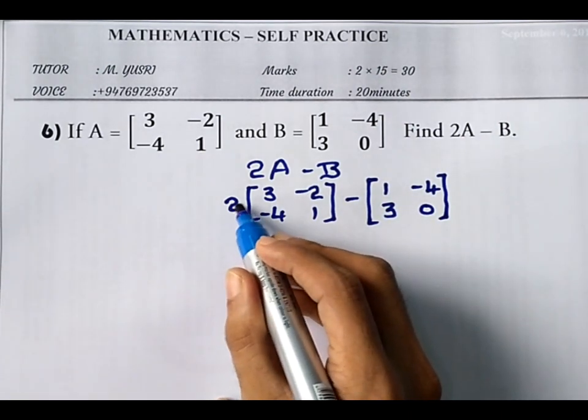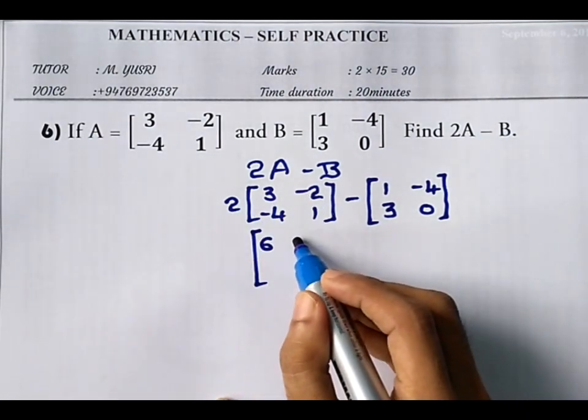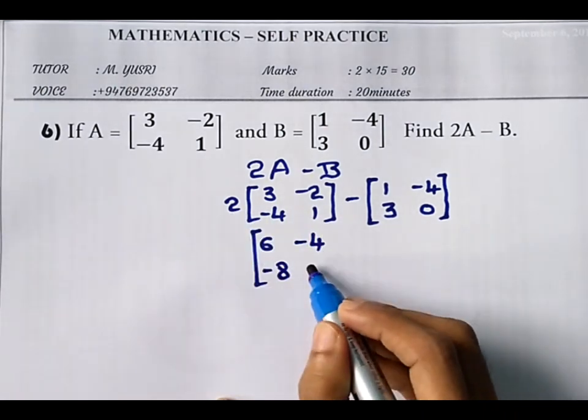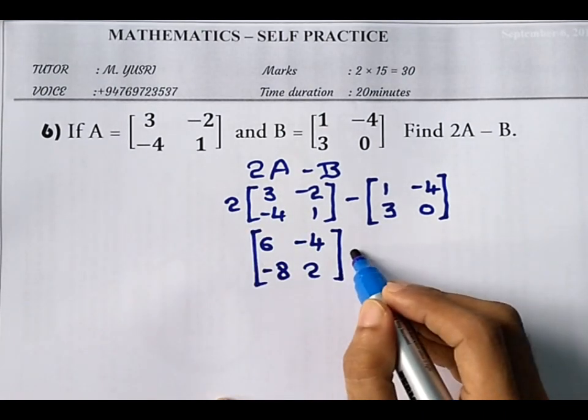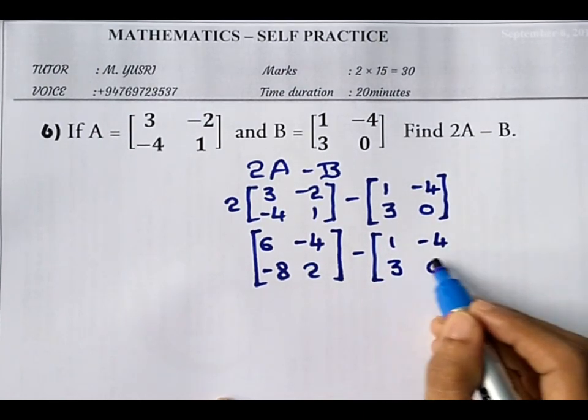Now first we'll simplify this. 2 3s are 6, 2 into minus 2 is minus 4, 2 into minus 4 is minus 8, and 2 into 1 is 2. Just we have to subtract that by 1, minus 4, 3, 0.